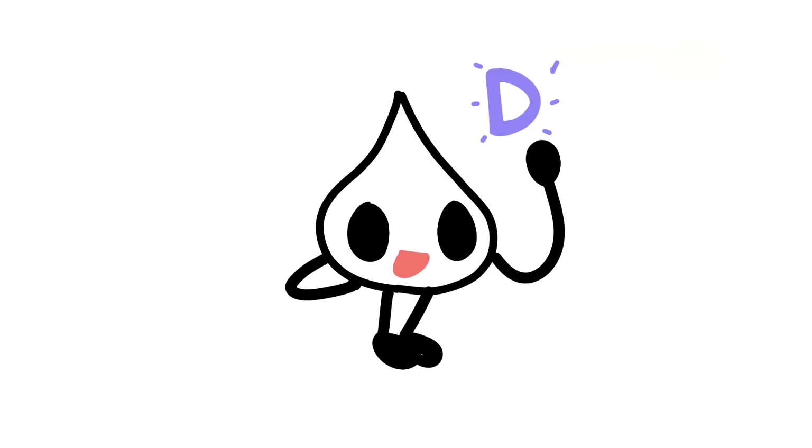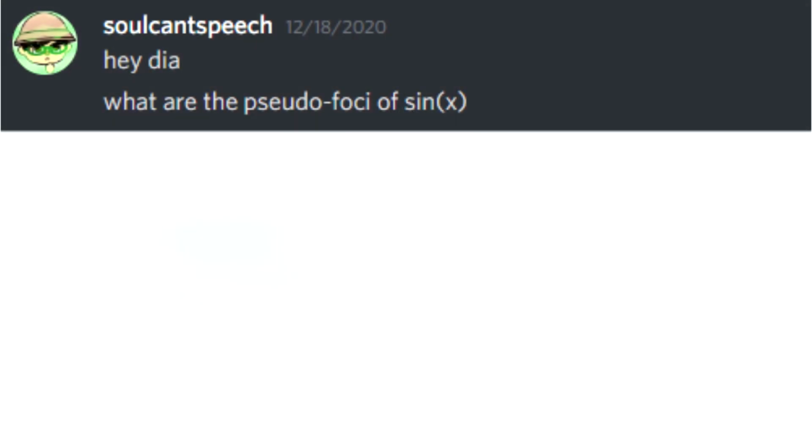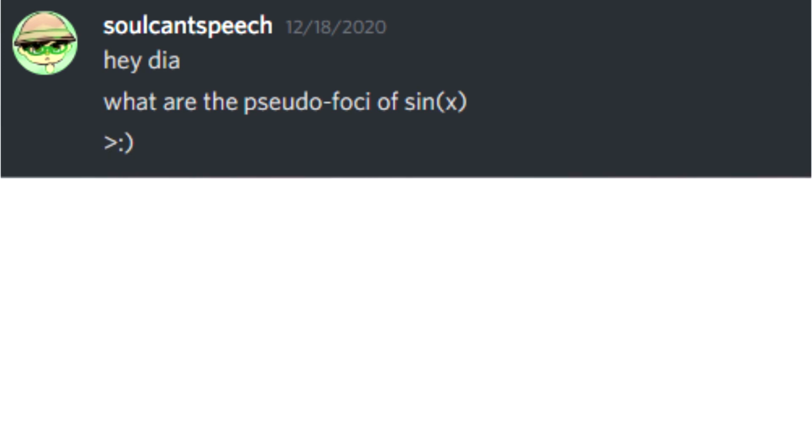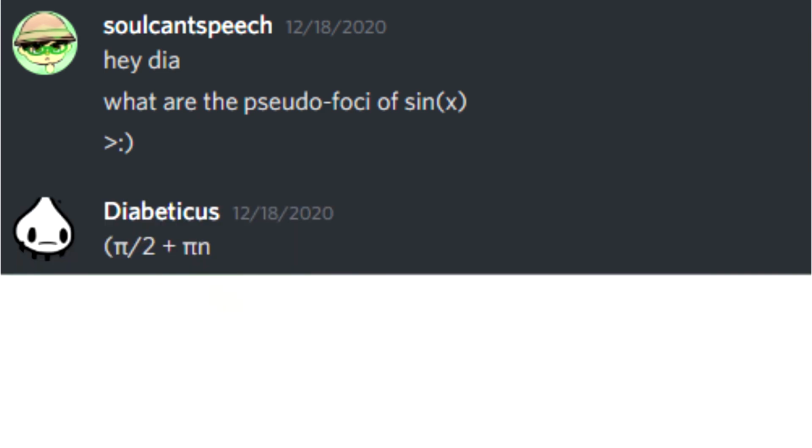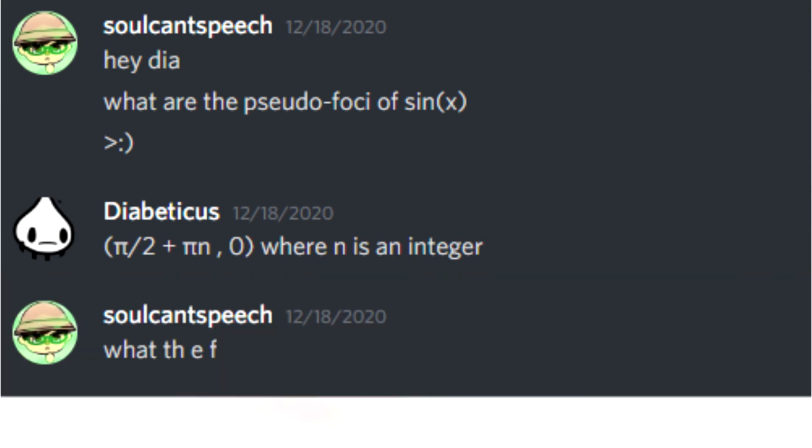Let us conclude this episode with that conversation I brought up. So again, my friend asked me what the pseudo-focus of sin x is, greater than comma red parenthesis. And to finally progress that conversation, I replied pi over 2 plus pi n, 0, where n is an integer. Next, I reacted with, what the fuck?